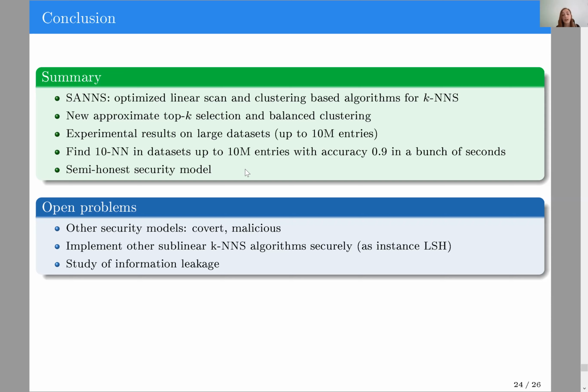We are aware that there are works that study this information leakage for small databases, but to the best of our knowledge, there are no works that study this problem for large databases. Especially, we would like to understand if giving back an approximate answer to the k-nearest neighbor search will leak more information than what we expect.